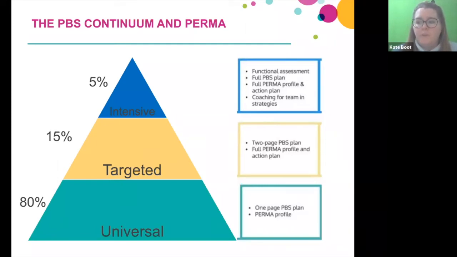But one of the key things for me as a speech and language therapist is supporting the students and the wider staff team to accommodate the speech, language and communication needs, so that students can be involved in developing their PERMA profiles. And so it's not something that's done to them, it's something that's done with them as far as possible. I completely appreciate that it may not be possible for some of our students to be as involved as others. But where we can make accommodations and support them to be involved, then I think we need to make every effort to do that.